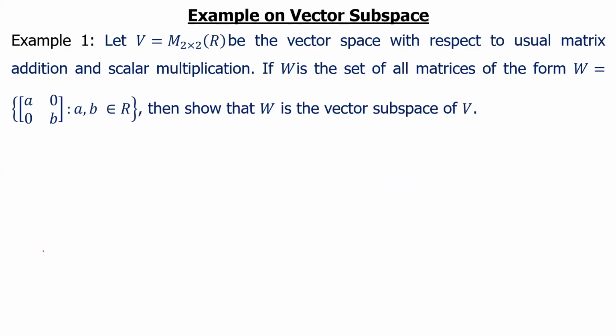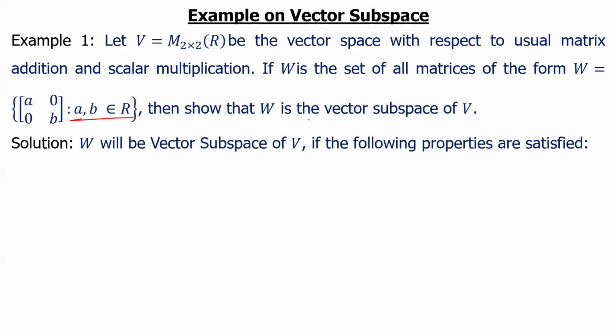If W is the set of all matrices of the form [a 0; 0 b], where a, b are elements of the real numbers, then show that W is a vector subspace of V. If we want to prove that this is a vector subspace, we only have to prove the 3 conditions. W will be a vector subspace of V if the following properties are satisfied.